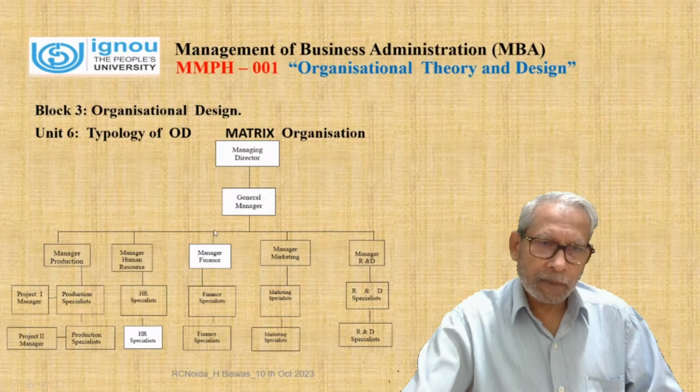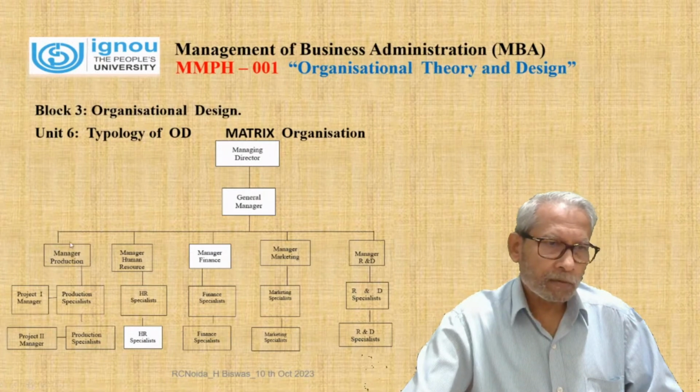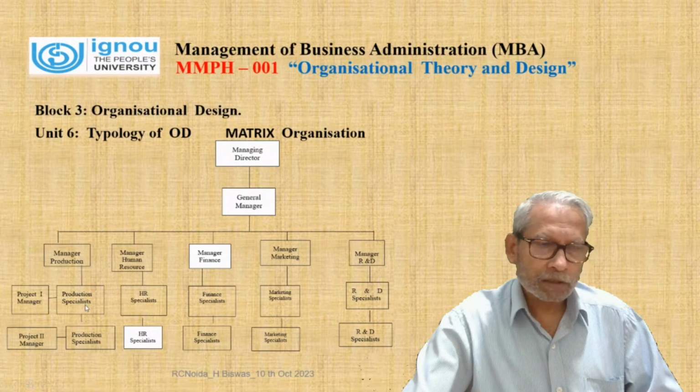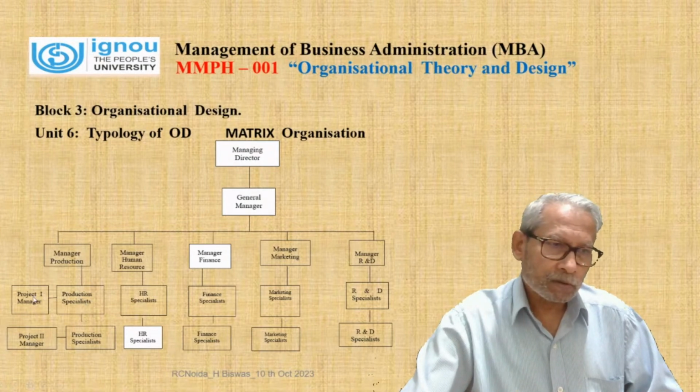Managing director, the general manager, and here you see there are different functional managers, and here the project manager is also there along with all the functional managers. Again, they have some projects, and production is the same. In parallel, they are seeing production also, and the project manager is also there.